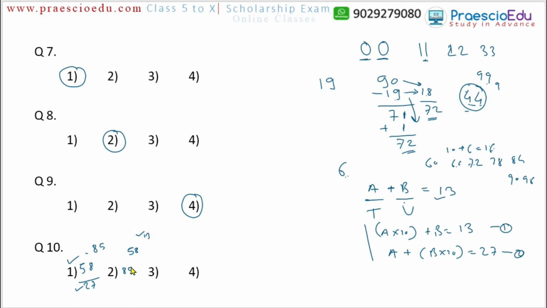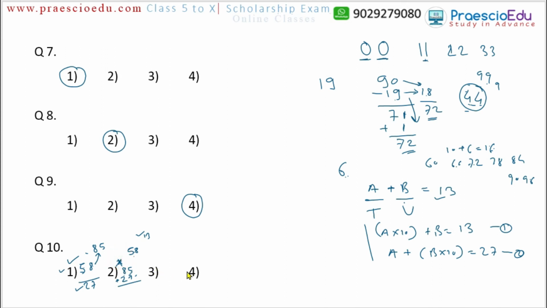But if we add 27 to 85, it crosses 100 and becomes a three-digit number, while we require 58 after the interchanging. It should be a reduction, so we have to go forward and add 27 to 58. That's why this option is the correct one, and 85 is not.